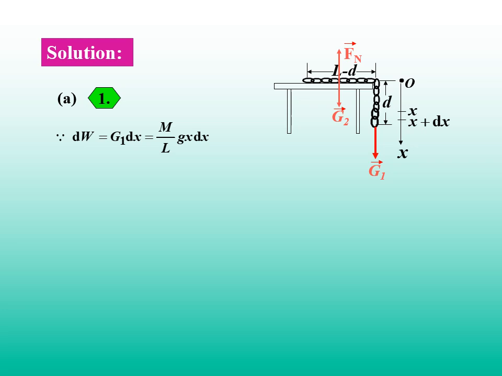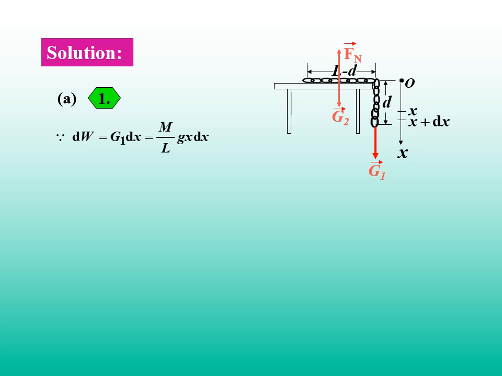As the chain falls an infinitesimal distance dx, the elemental work dW done by G1 is equal to G1 dx equals m divided by L times g x dx.